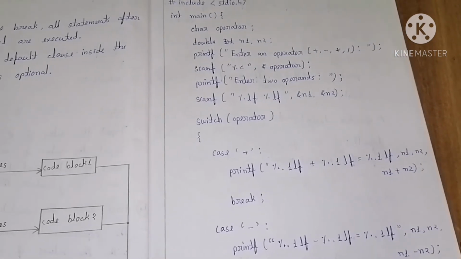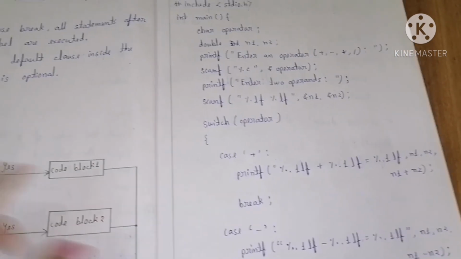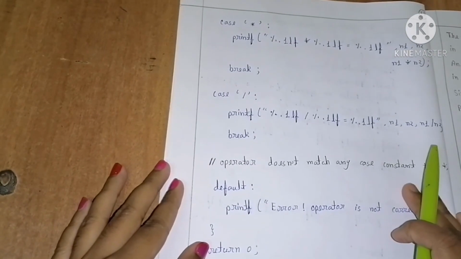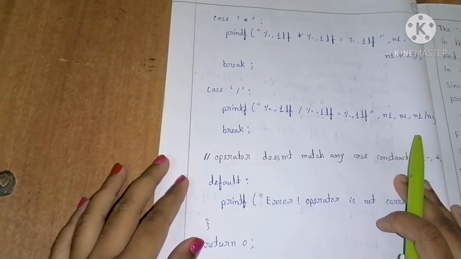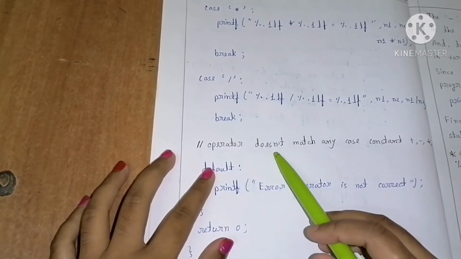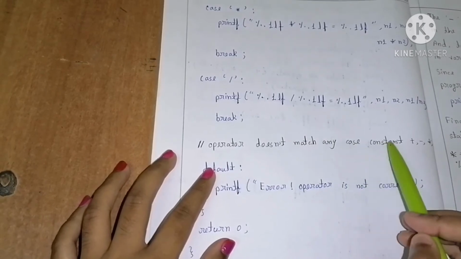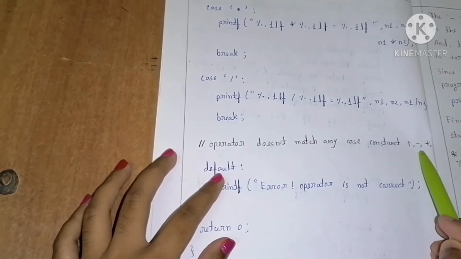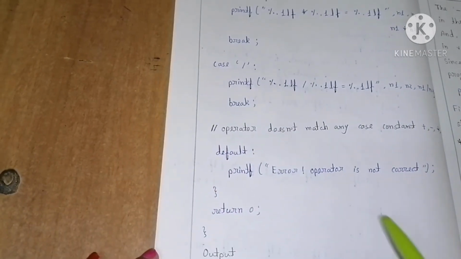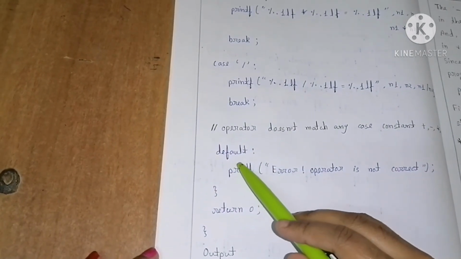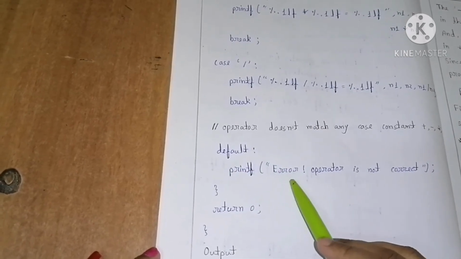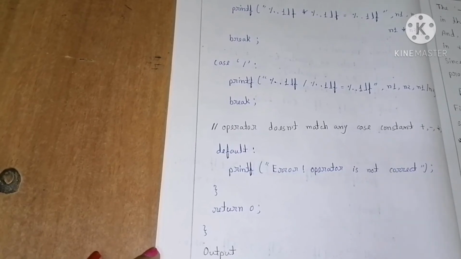Similarly we will be writing for subtraction, multiplication and division, and at last if operator doesn't match with any case constant from plus minus multiplication or division means it will execute the default statement, which is error operator is not correct.